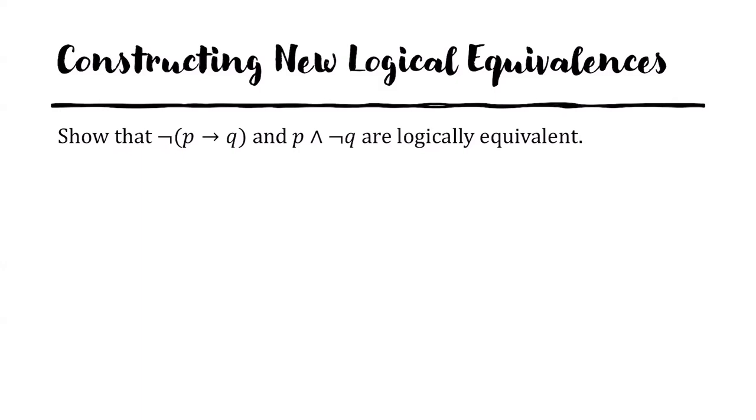So if you look here, we'll have not P. We want to show the negation of P implies Q. Now, how do we show this?